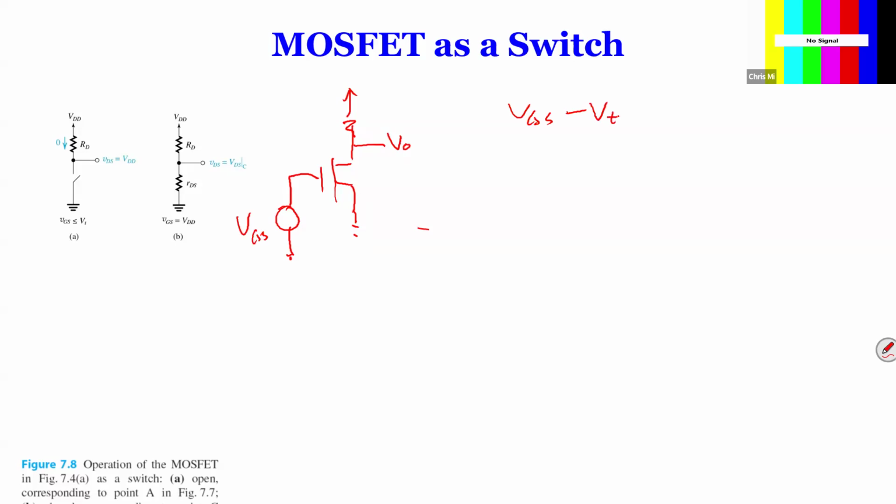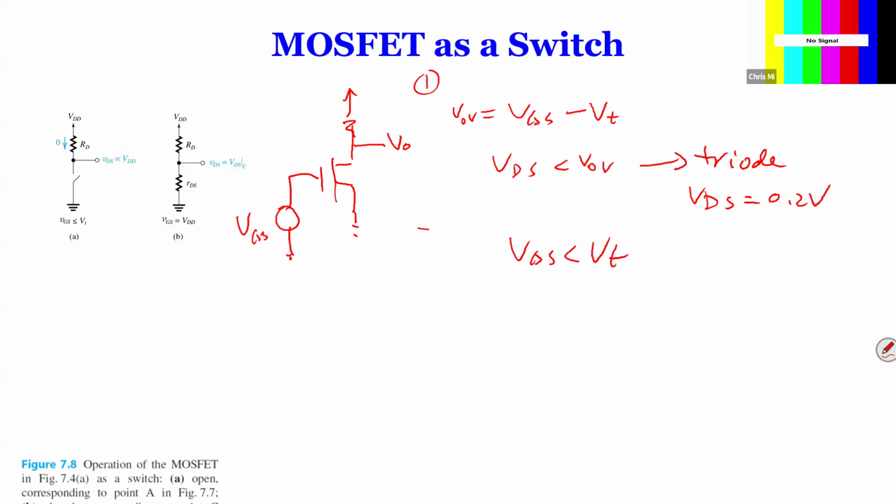That's your VOV. So if your VDS is less than VOV, what happens? It's in triode mode, and the voltage VDS is very small, like 0.2 volts. The first condition is VGS is larger than VT. And the second condition is VGS is less than VT, and this is in cutoff.